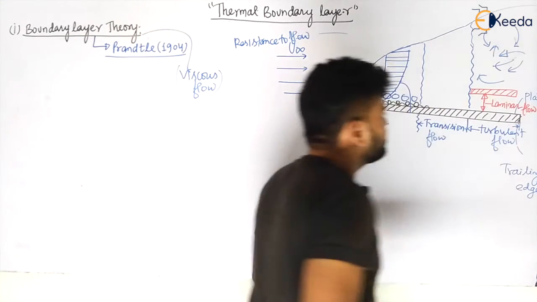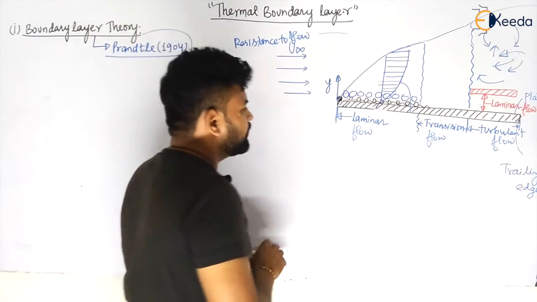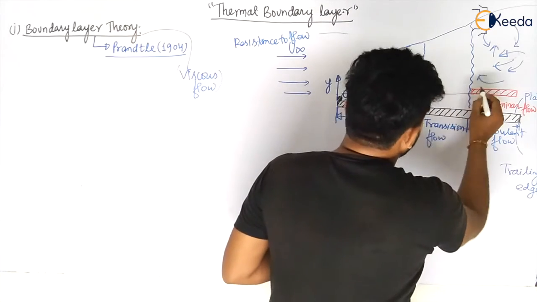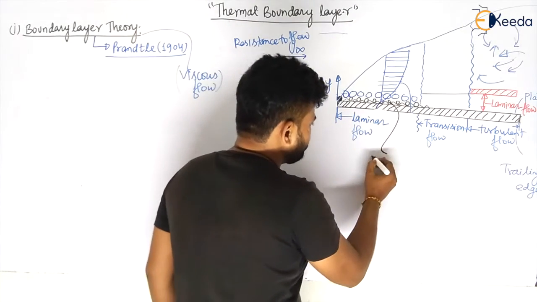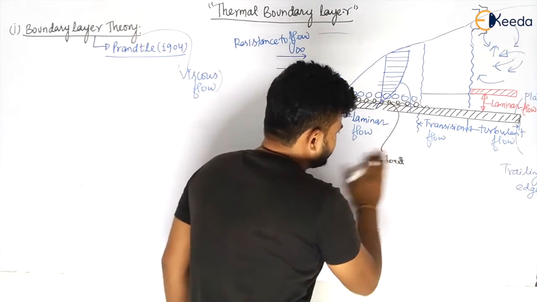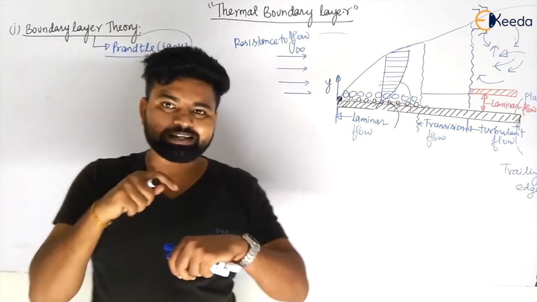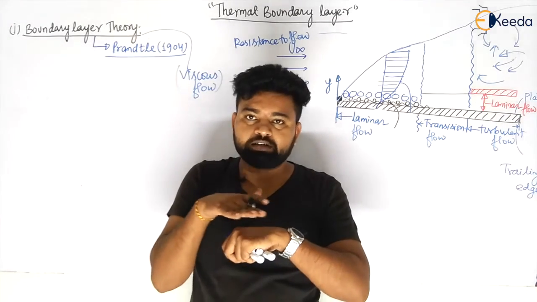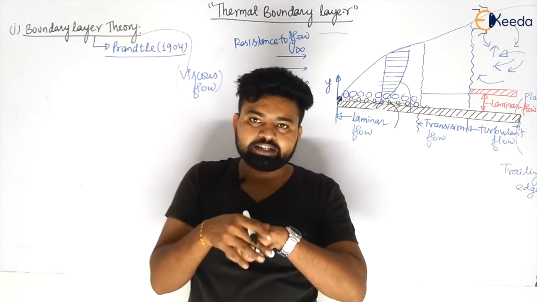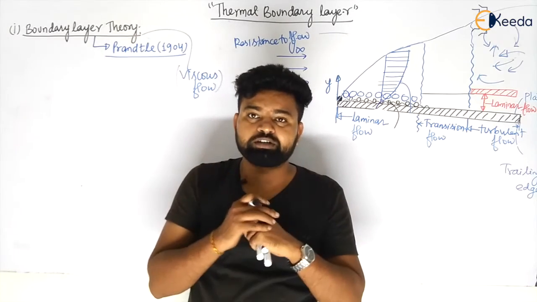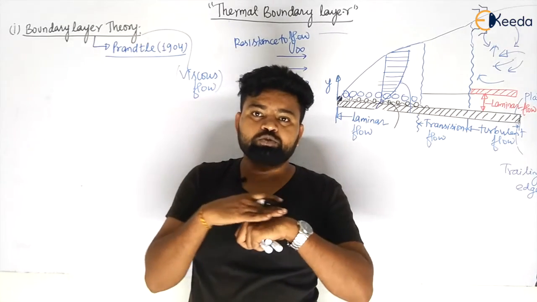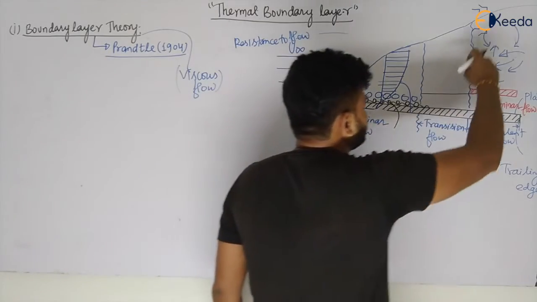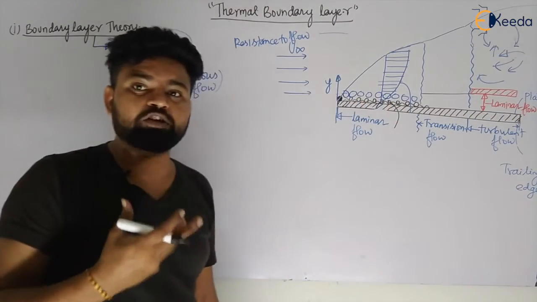My dear students, because what is happening? The molecules are sticking to the surface. So a layer is forming in the starting, and when a layer is forming, there is no mixing, no momentum transfer. There is no direct mixing here, but in turbulent flow there will be direct mixing of the molecules.